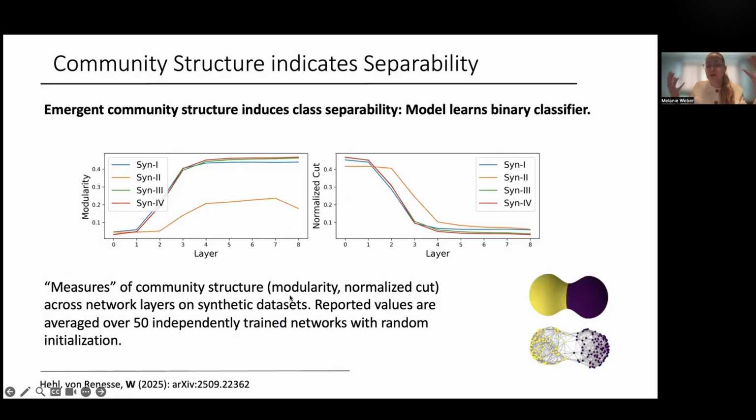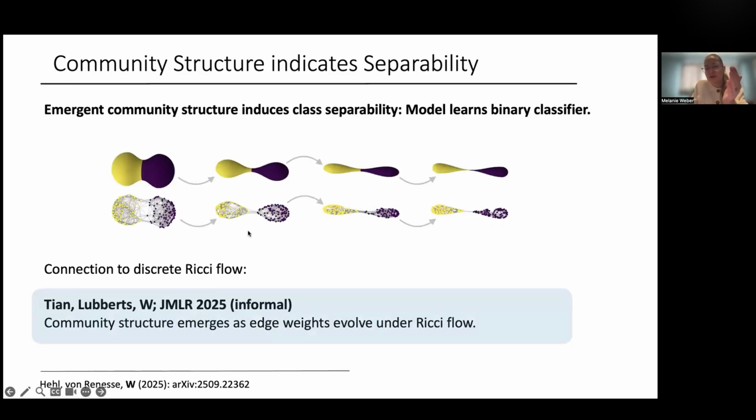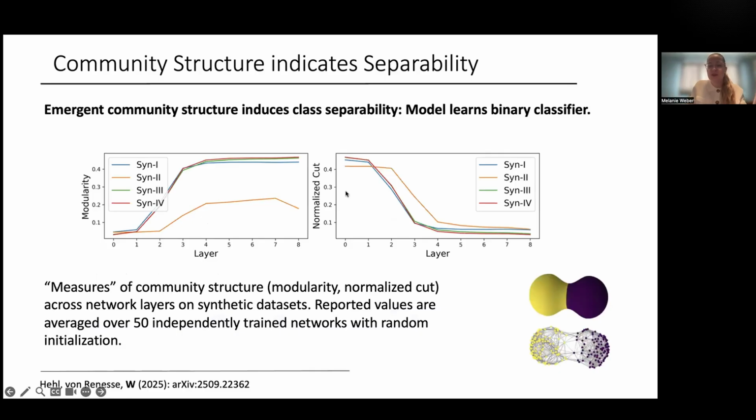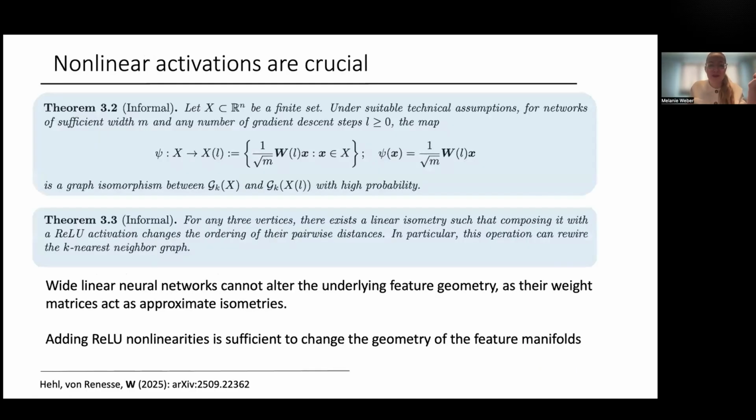Those are both two ways of measuring how much community structure there is, so whether the transformation really is of this form. And we see that this community structure really emerges as we go across the layers. So this is another empirical evidence that this behavior is in fact what we expect it to be from the Ricci flow.